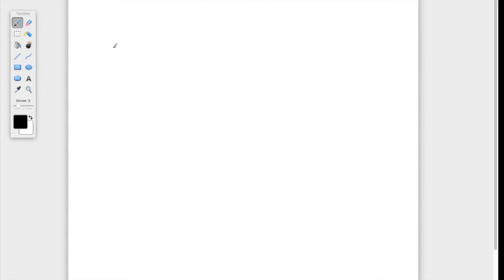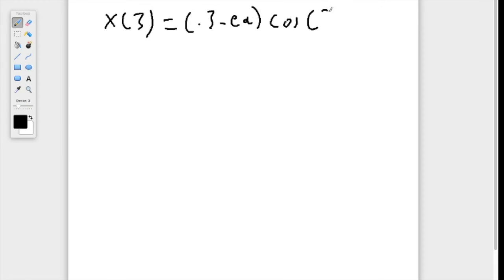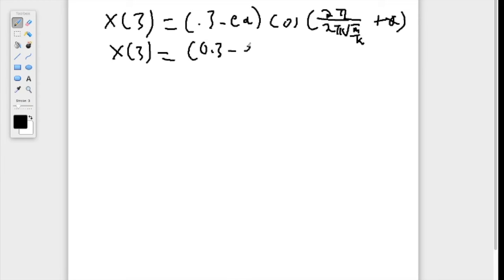So x of 3 equals 0.3 minus equilibrium, and then cosine of 2 pi over 2 pi radical m over k, and then plus phi. So the 2 pi's cancel out, and then you can flip the reciprocal. So x of 3 equals 0.3 minus equilibrium times the cosine of radical k over m plus phi.